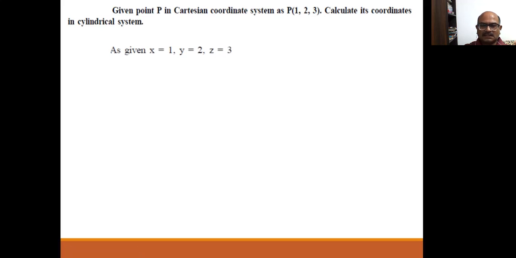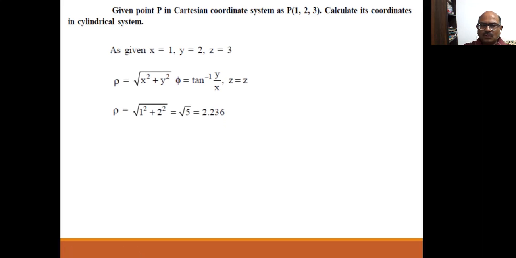We give x, y, and z values as in the question, but rho, phi, z are: rho is the square root of x squared plus y squared, phi is tan inverse of y by x, and z is equal to z, because the height has no change between Cartesian and cylindrical.